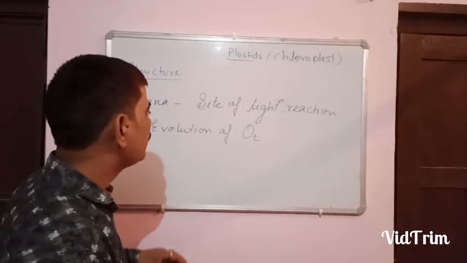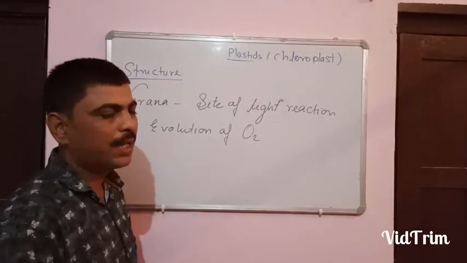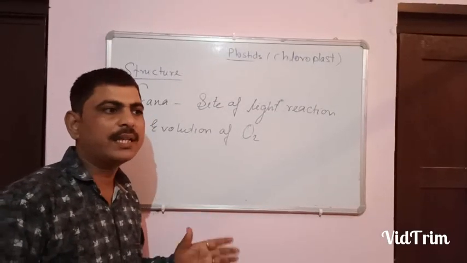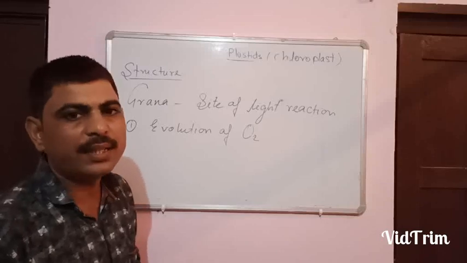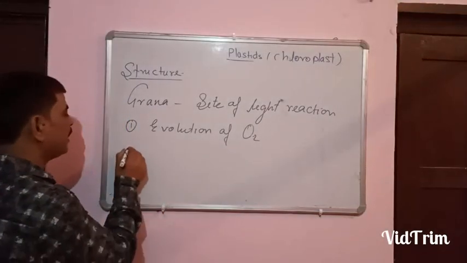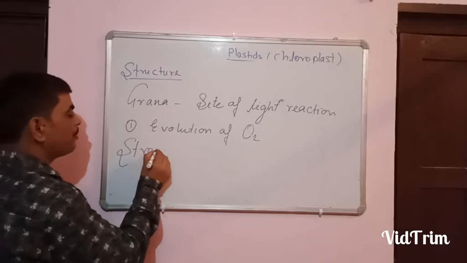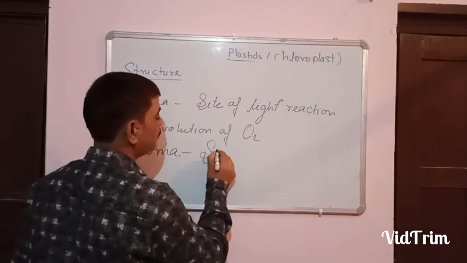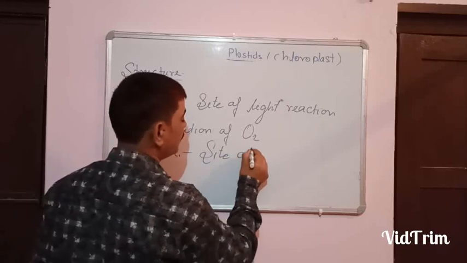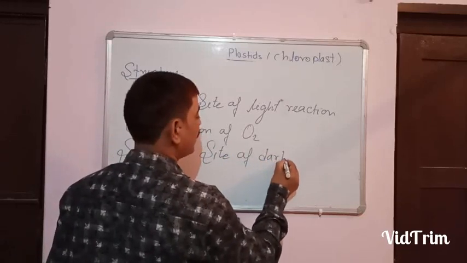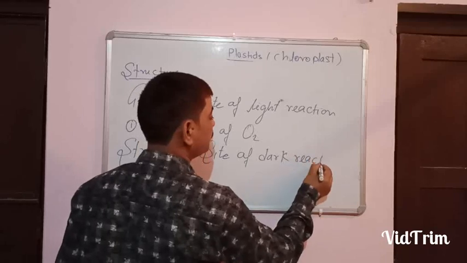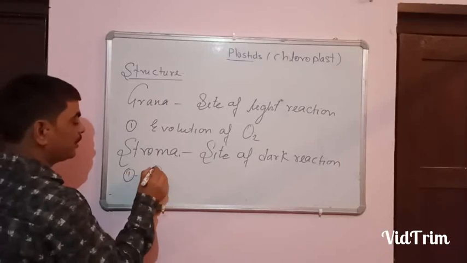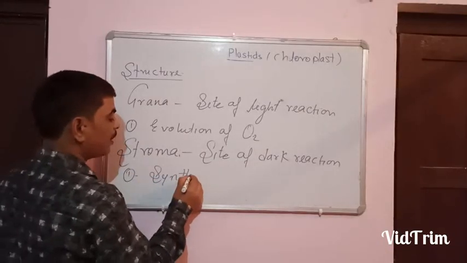Okay, and the chlorophyll removes the oxygen from water. Now the hydrogen remains. That hydrogen combines with the carbon dioxide to form the carbohydrate, and that happens in the stroma part. Stroma is the site of dark reaction, and what happens in this is the synthesis of carbohydrate.